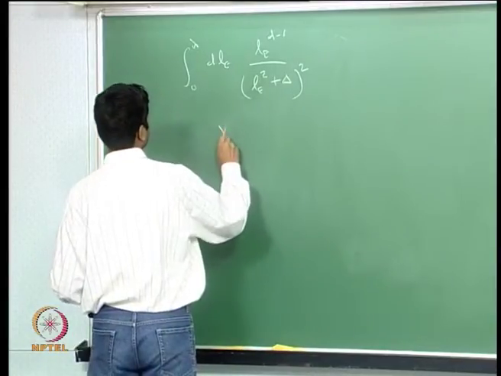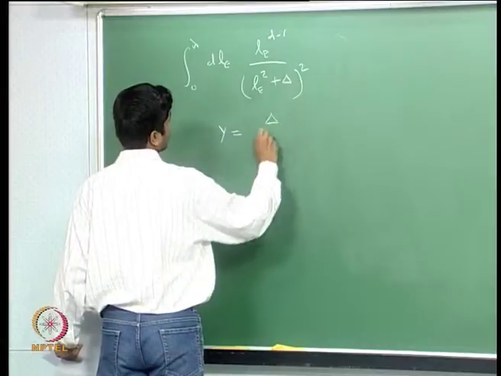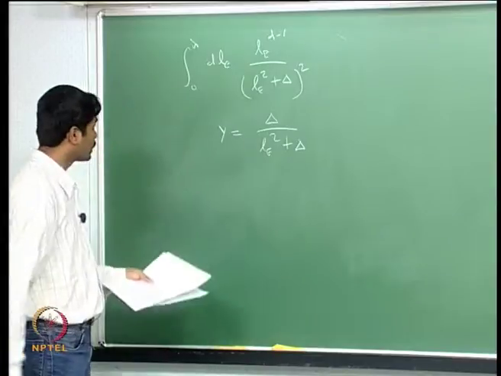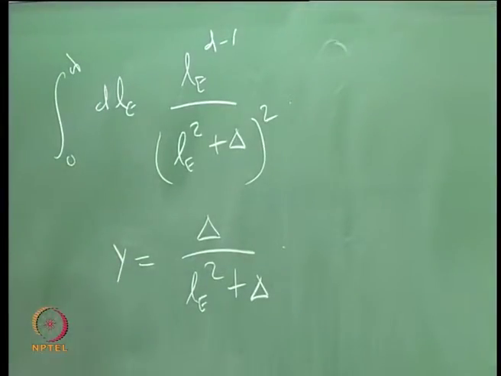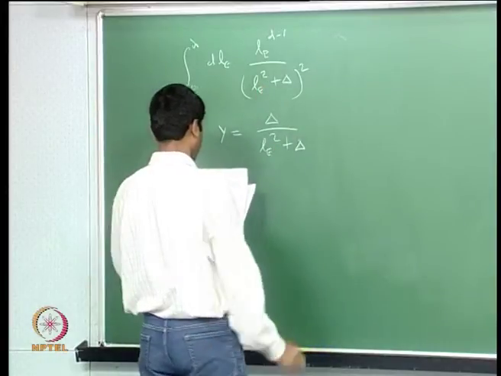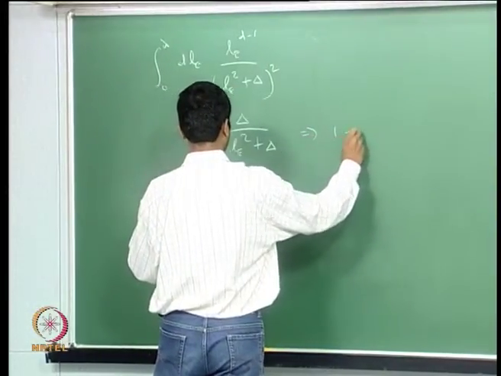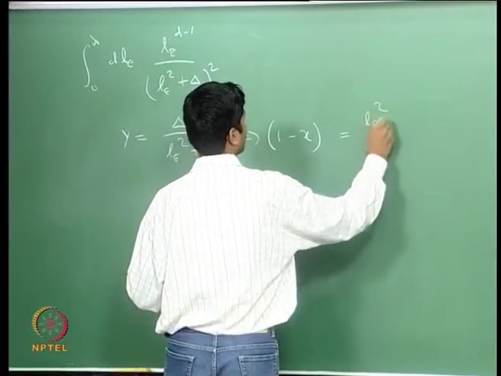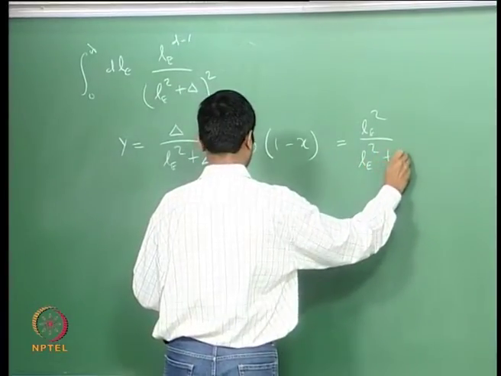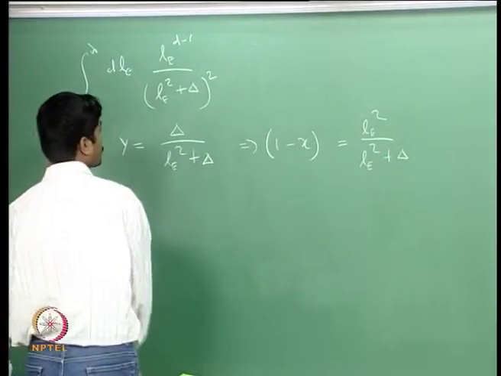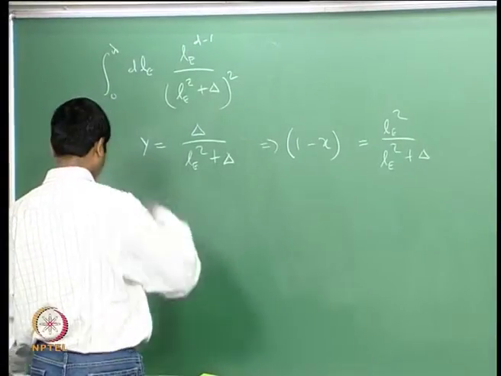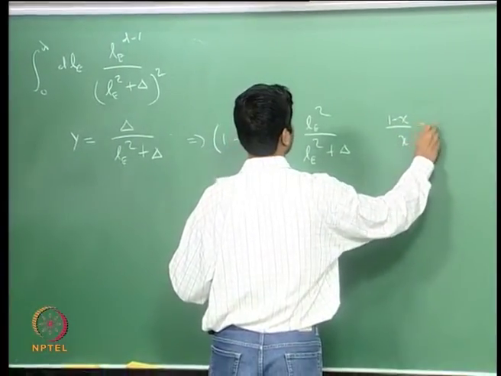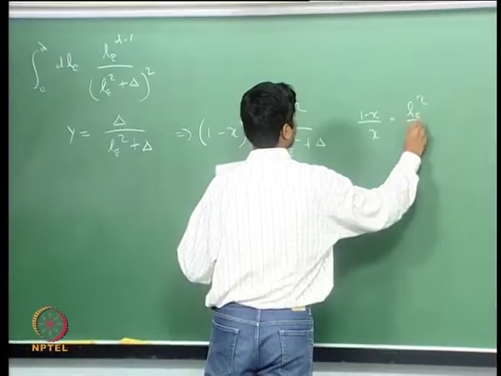I will introduce the variable y, which is delta divided by L_E square plus delta. Then 1 minus y is nothing but L_E square divided by L_E square plus delta, and when I take the ratio, 1 minus y divided by y, that is L_E square divided by delta.